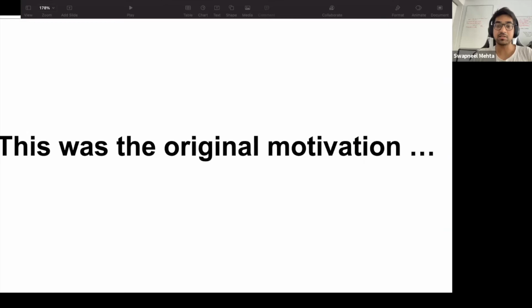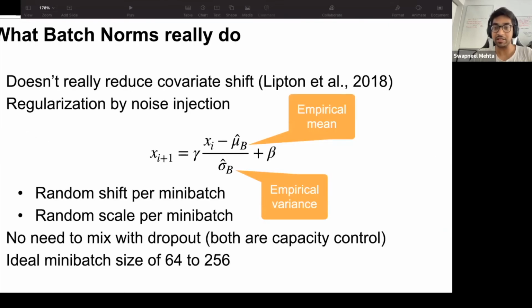But as it turns out, this was just the original motivation, but it didn't actually work that way. When people tried to see if this reduces covariate shift, and by covariate shift you mean your test data and your training data are very different, that was where the intuition comes from. And what we said here was this first layer and last layer have very different representations of data.